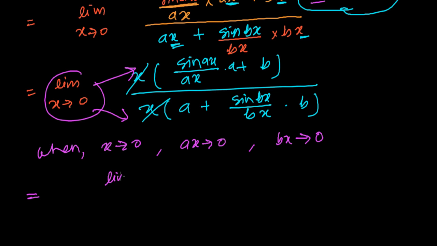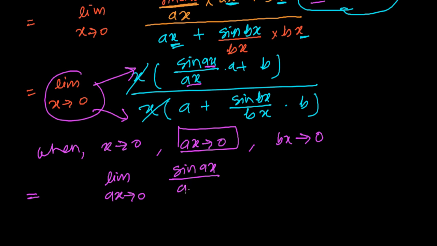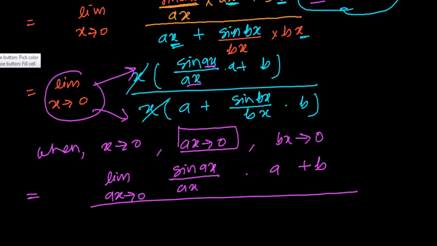So in the numerator I have the angle ax, so I will write the favorable limit, ax tends to 0, of sin ax divided by ax, times a, plus b. In the denominator my favorable limit is bx tends to 0, because the angle there is bx.